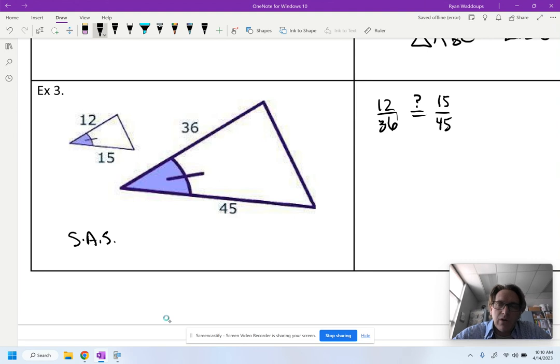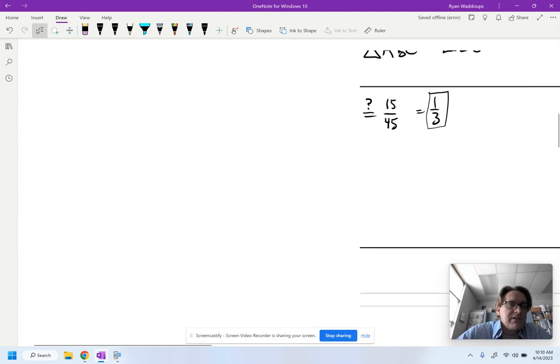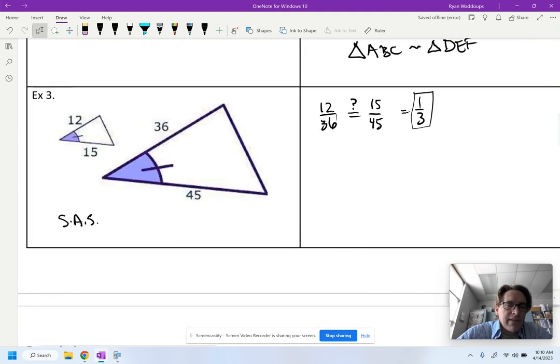Well, I know that I can divide 12 by 12 and get 1, and 36 divided by 12 I can get 3, so that one is equal to 1/3. 15 goes into 15 once, and 15 goes into 45 3 times, and so they both simplify to 1/3. So their sides are proportional, and the angle in between them is congruent. So by side angle side, they are similar. So once again, we can say yes, they are similar.